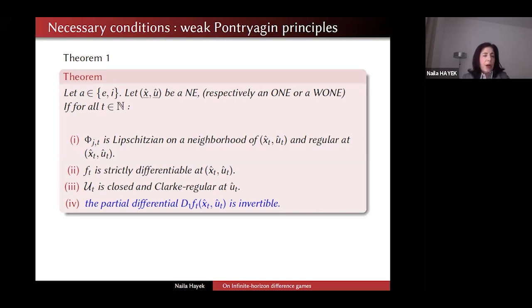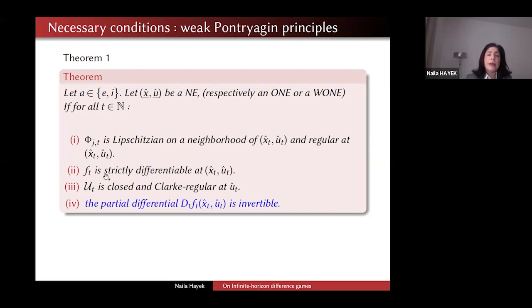So given that we are working in a problem with the difference equation or difference inequality, let x hat, u hat be a Nash equilibrium, an open loop Nash equilibrium, respectively an overtaking Nash equilibrium or a weak overtaking Nash equilibrium. If the following conditions are satisfied: the phi jt for all j are all Lipschitzian on a neighborhood of x hat t, u hat t, and regular at that point.